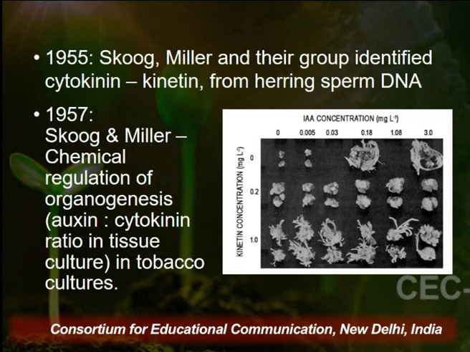Though the experiments were not very successful in this direction because they were not able to maintain those cultures, since the industry was mainly interested in the secondary metabolites of the plant, Routien and Nickell developed a method for enhanced secondary metabolite production in 1956, and they got the first patent for that.